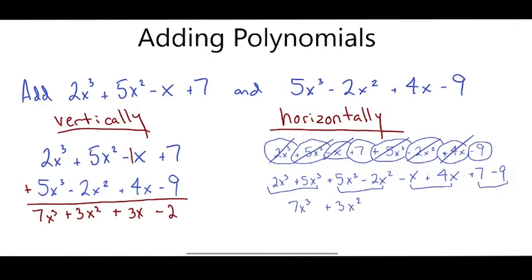Now I have negative x plus 4x. Well, that's plus 3x. And then I have 7 minus 9, and that's negative 2. So once again, we see that the answer is 7x to the third plus 3x squared plus 3x minus 2. And that's how you add polynomials vertically and horizontally.